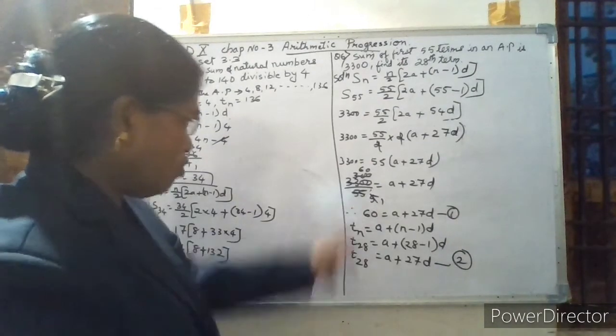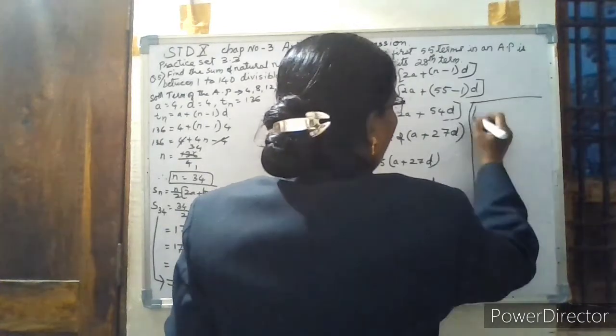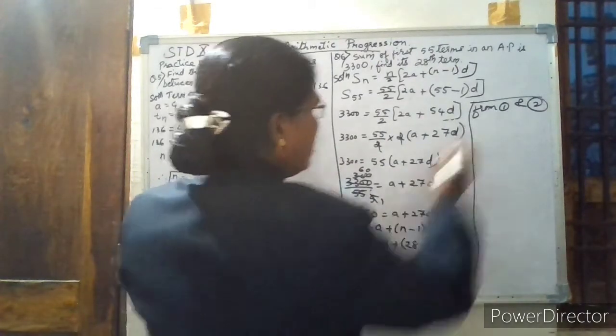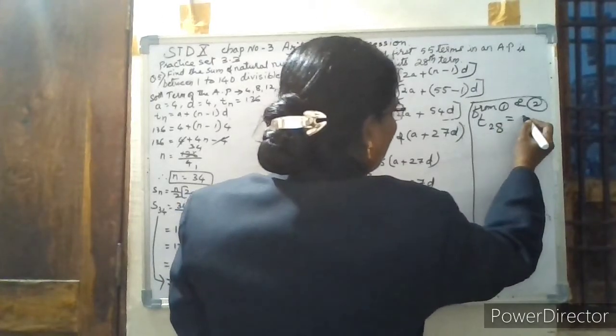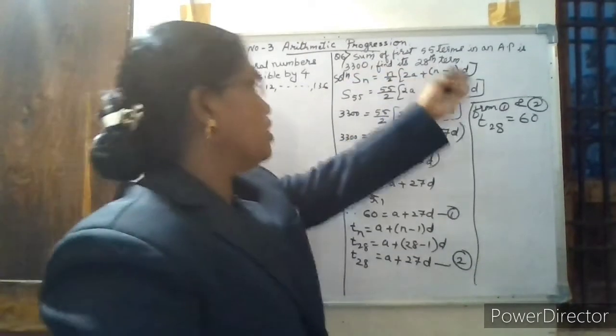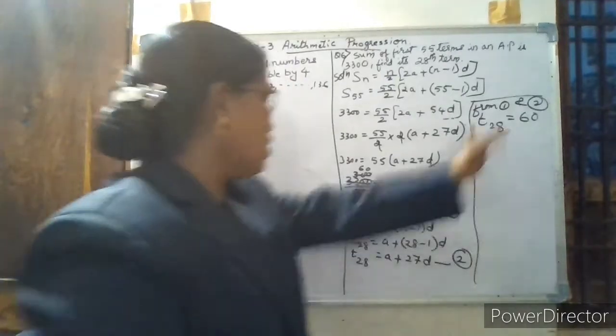So we come to the conclusion that from 1 and 2, the 28th term is equal to 60. Therefore, we got the 28th term is equal to 60. That is the solution of this question.